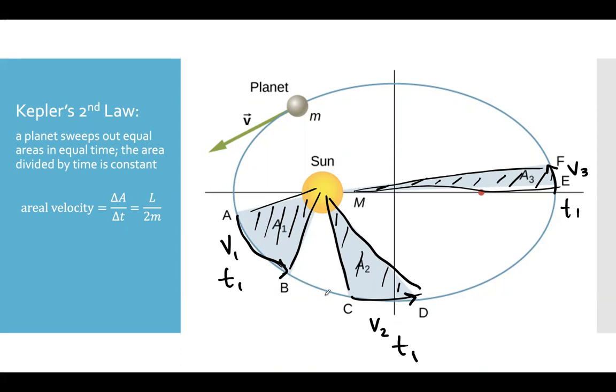Do you think it got slower or faster from A to B, B to C, C to D? Well, it's kind of hard to tell. So let's go to this third portion. When the planet is over here sweeping out that area in the same amount of time, do you think the velocity got smaller or larger? Did it increase or decrease?